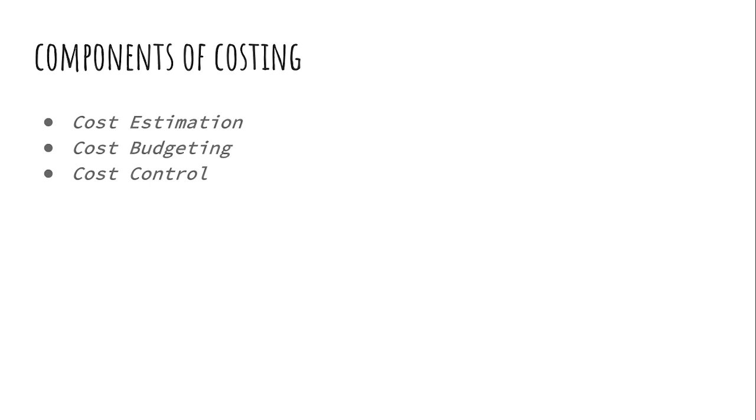Here you can use tools such as cost aggregation, reserve analysis, parametric estimation, and funding limit reconciliation, because you have to make your budget within funding limits. You don't have to go beyond the funding limit. After you've done your cost budgeting, you produce your cost baseline budget, your project funding requirements, and the cost management plan, updated with the project implementation budget and any changes.